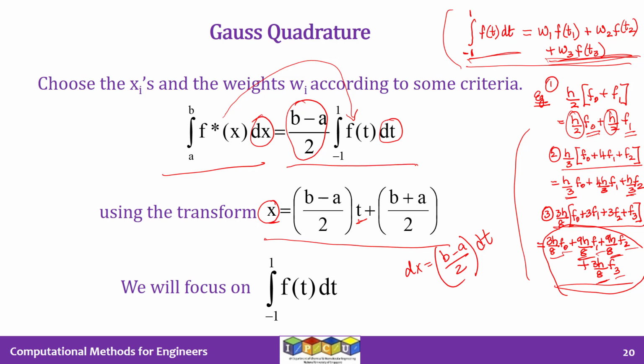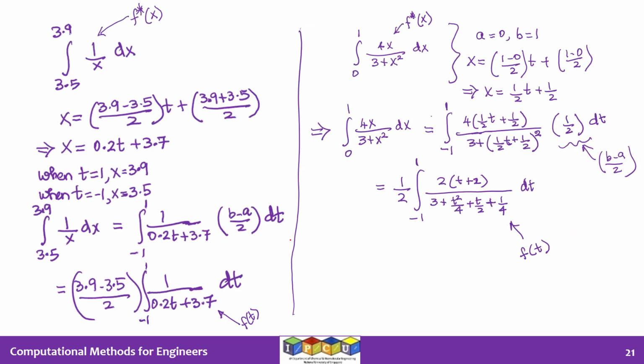So the focus going forward will be on this. But before going to that, let me just show you a couple of examples. Now let's say we are trying to integrate the function 1 by x dx from 3.5 to 3.9. So this is the problem we are solving. I know you will laugh at this because 1 by x is not a complex function.